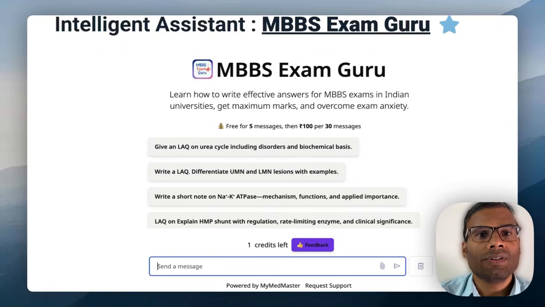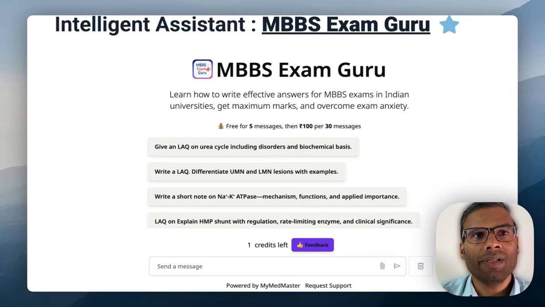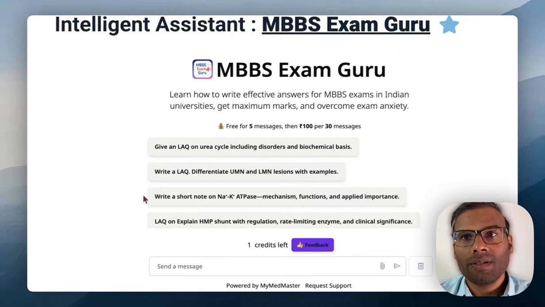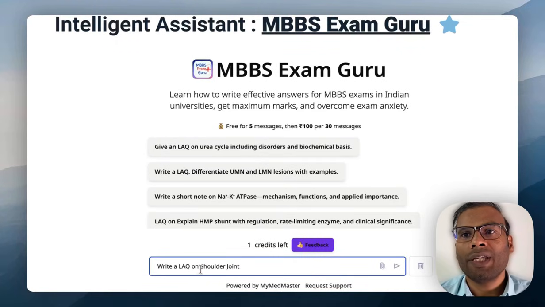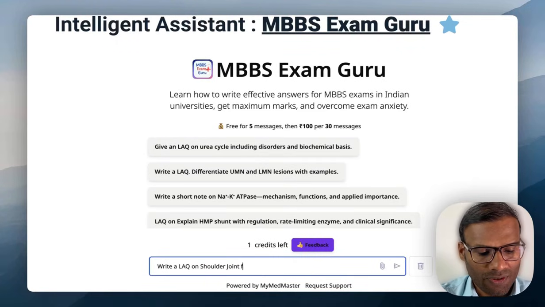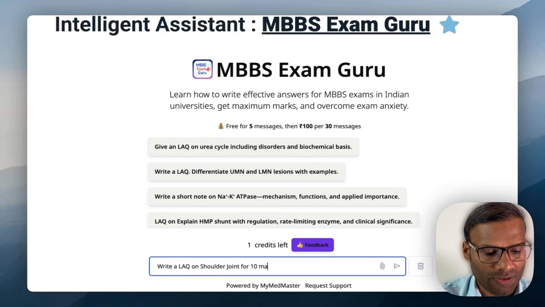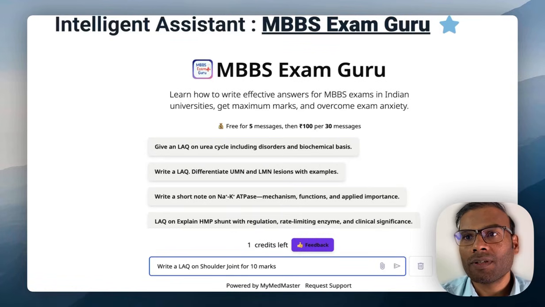So just to give an example, I will write a question here: write a LAQ on shoulder joint for 10 marks, and I will click here.